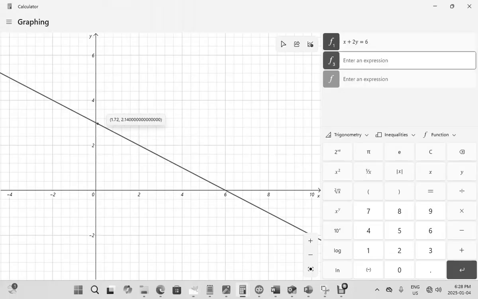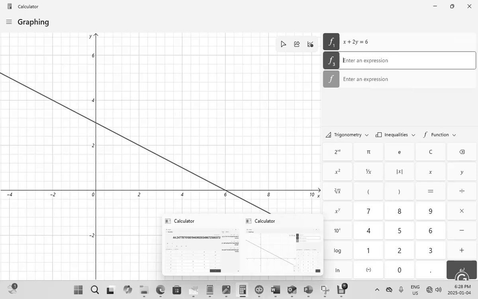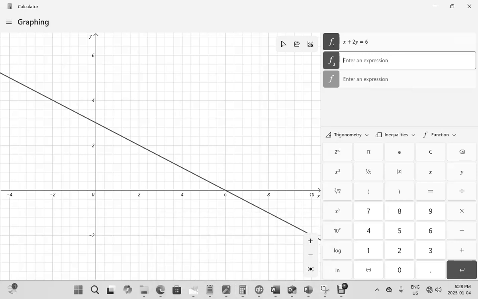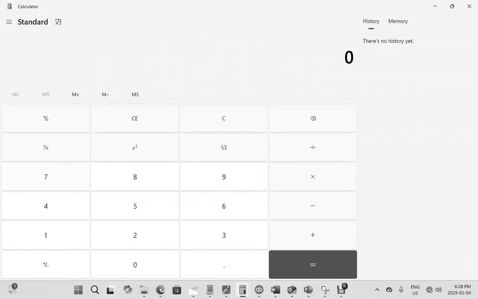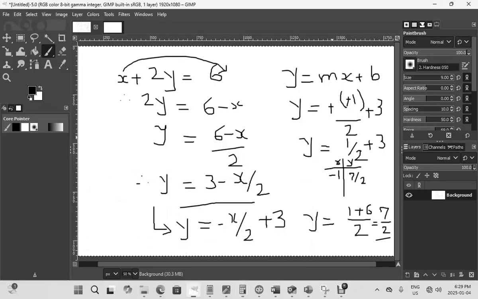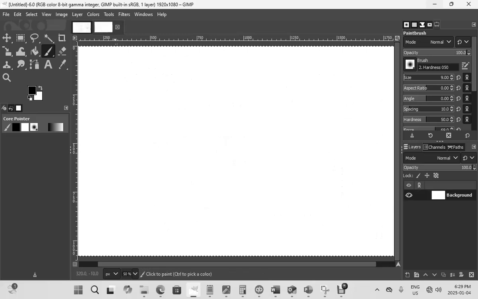Let's go to -1 over here, and this is roughly 3.5. As you can see, -1 is 3.5. Now if you divide 7 by 2, this will be 3.5. So this is how you verify or double check. This is basically your linear equation.